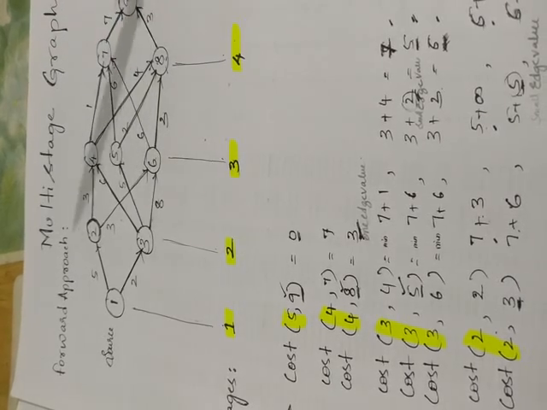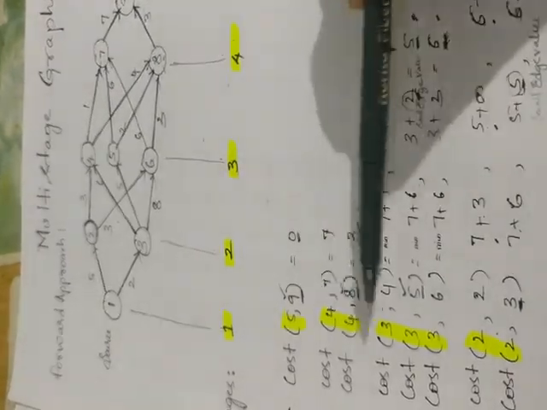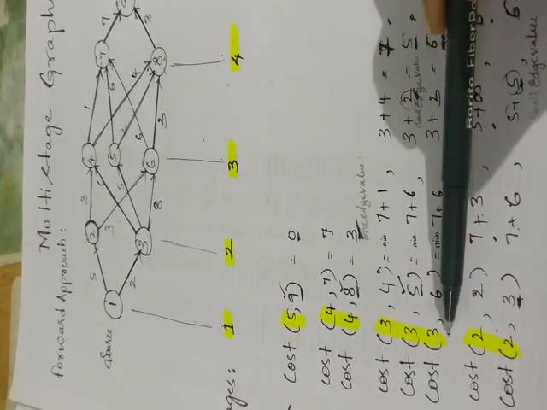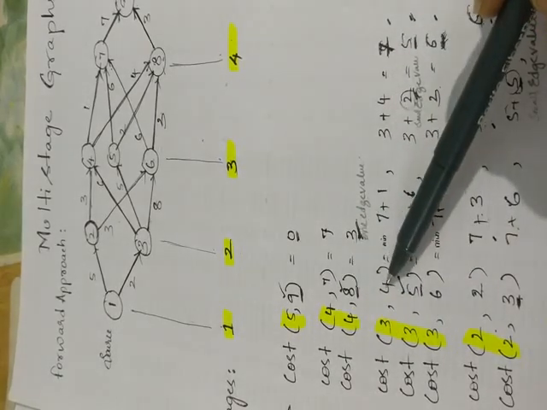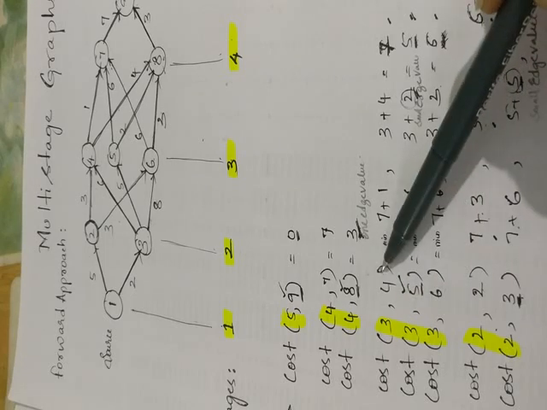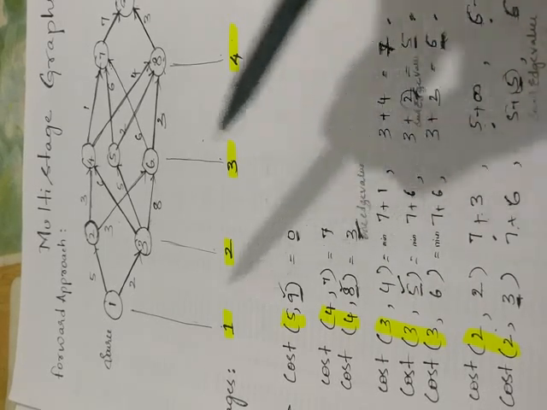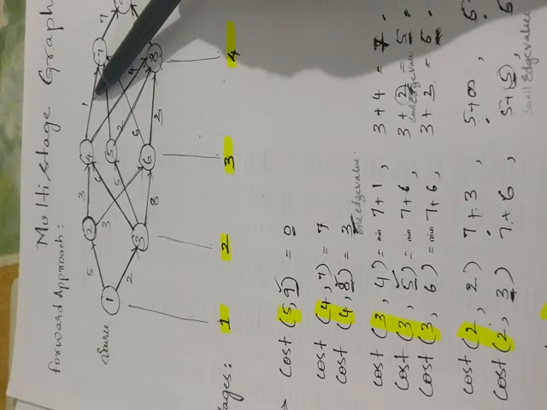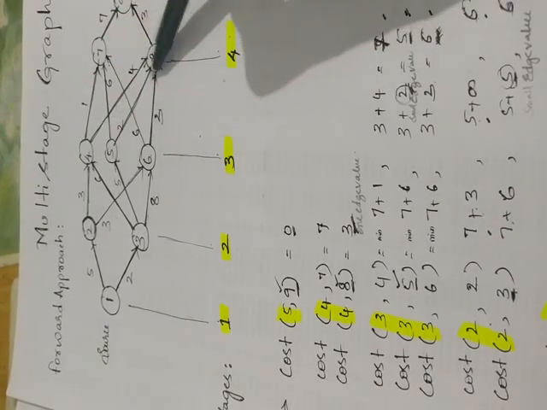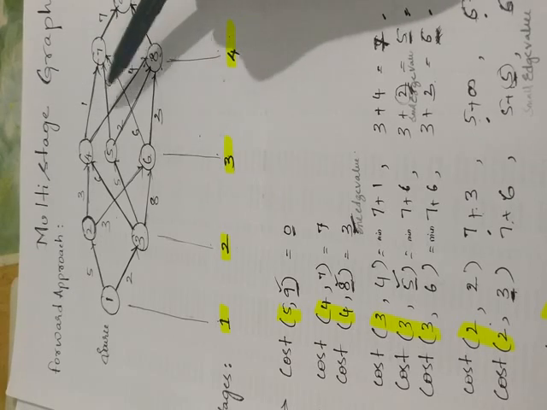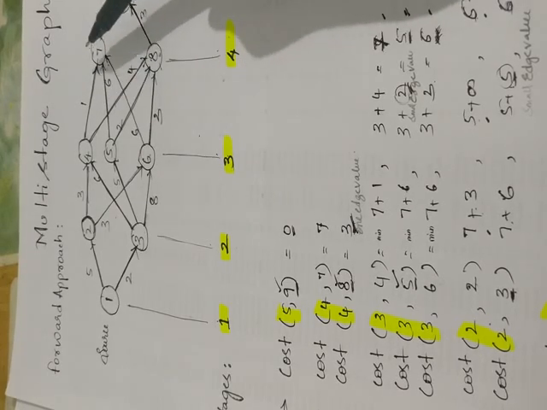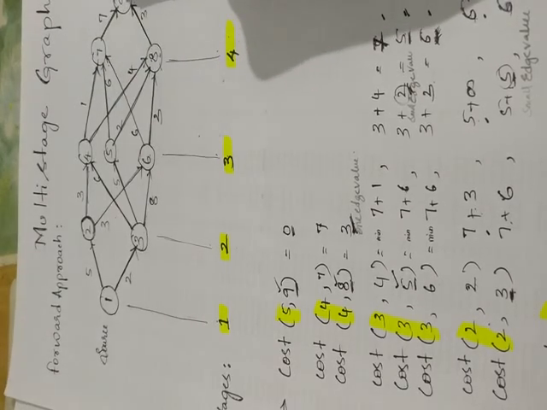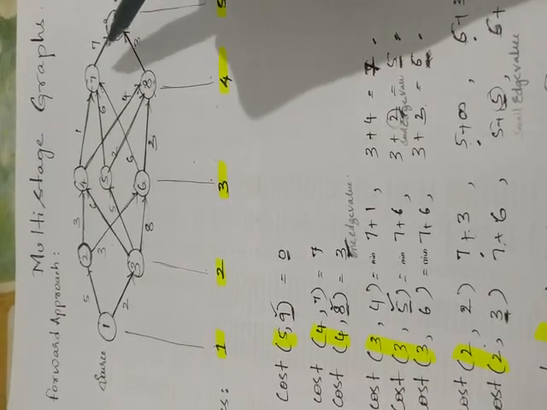So in stage 3, how many vertices are there? 4, 5, 6. From 4 to reach 7, it will be 1, and from 4 to reach 8, it will be 4. These two edge values we know, but from 7 to 9 it is already calculated as 7, and from 8 it is already calculated as 3.